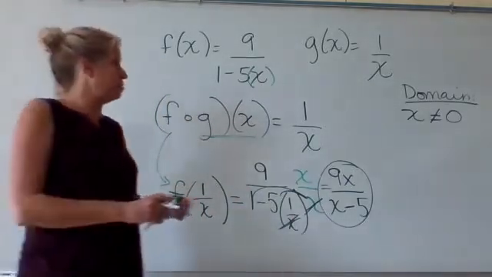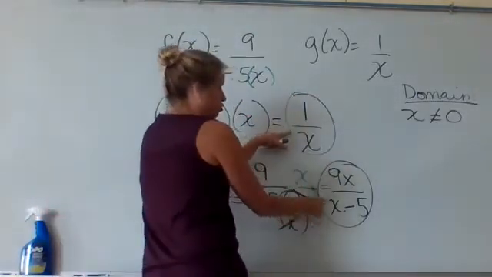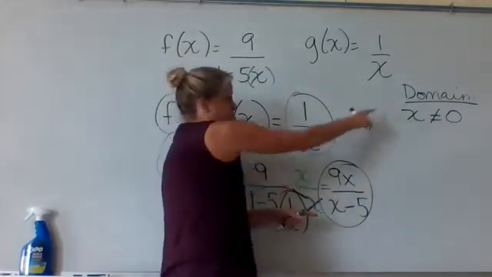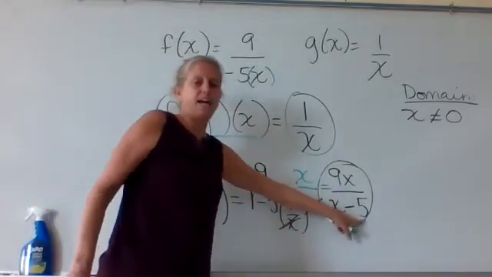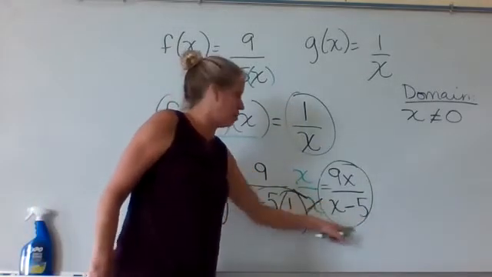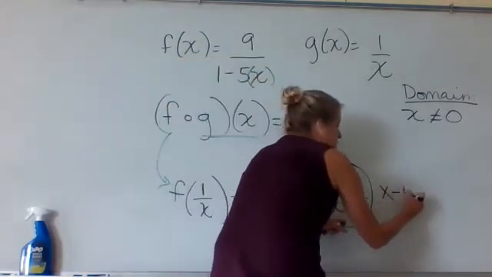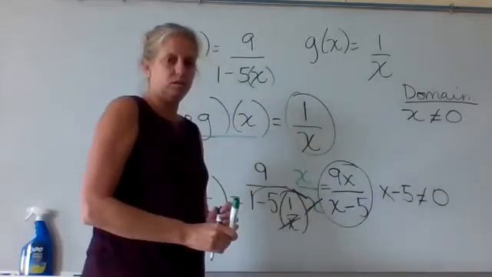Now, to the domain part, remember, you're looking in these two parts for restrictions. I've already noted that restriction because that x can't equal 0. Well, neither can x minus 5, right? It's a denominator with an x in the bottom. So x minus 5 also can't equal 0.